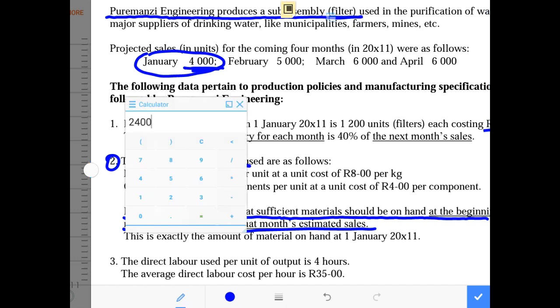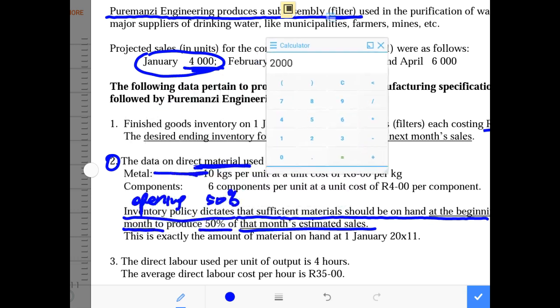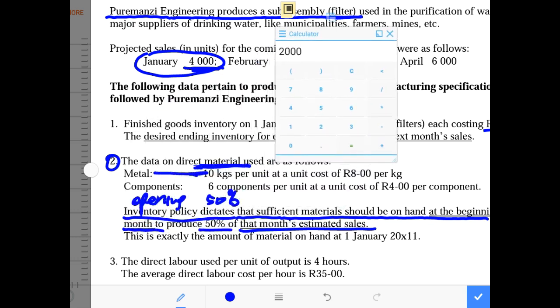That means we will have to say 4,000 units that the company expects to sell. We multiply that by 50%. That gives us 2,000 units that need to be sold in the month of January. However, these are the units that are needed. So what do we need?